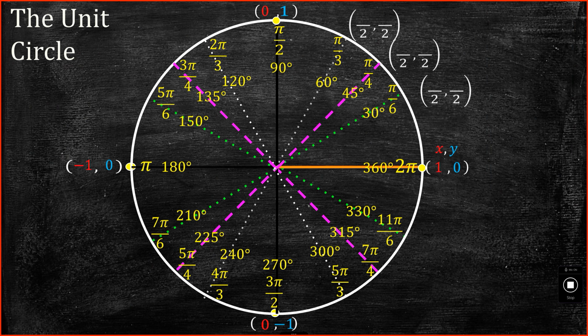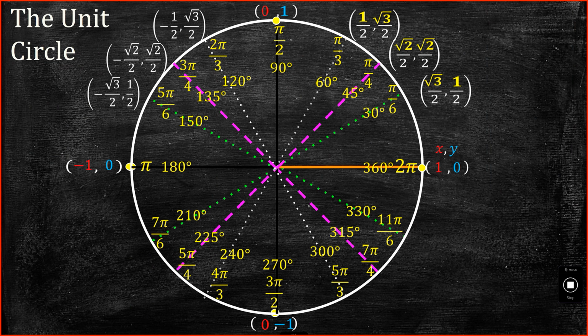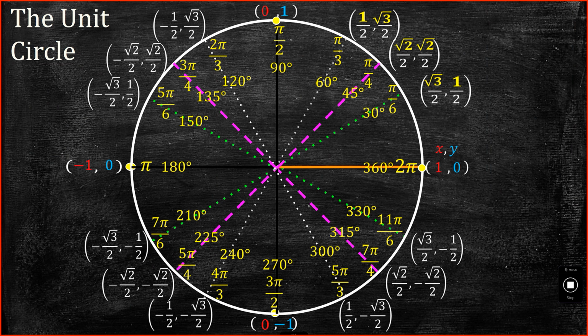Start from the top: 1, root 2, root 3. The x's will be negative here, and positive on the y's. Here both the x and the y are negative. And here the x is positive, y is negative.